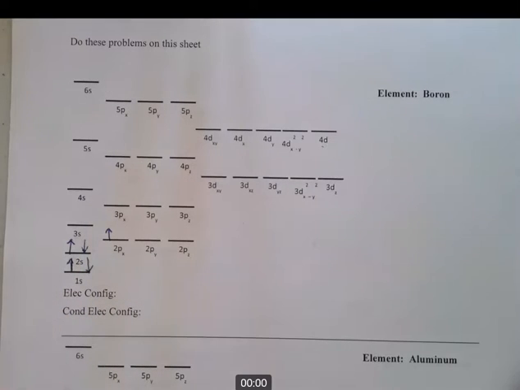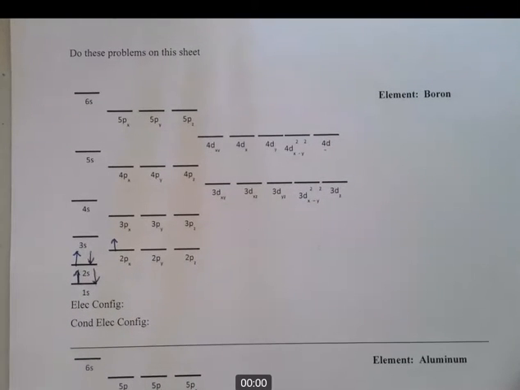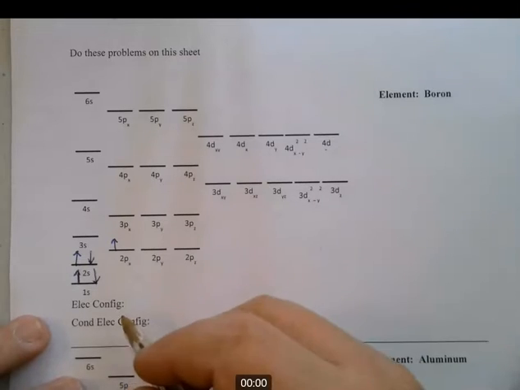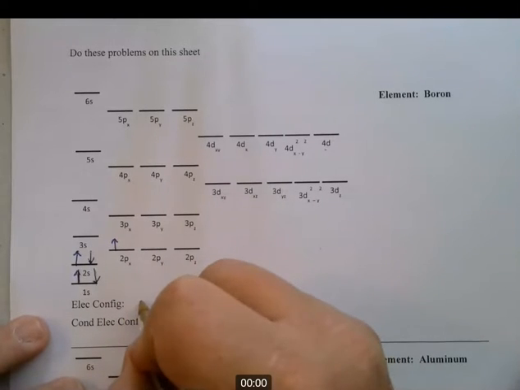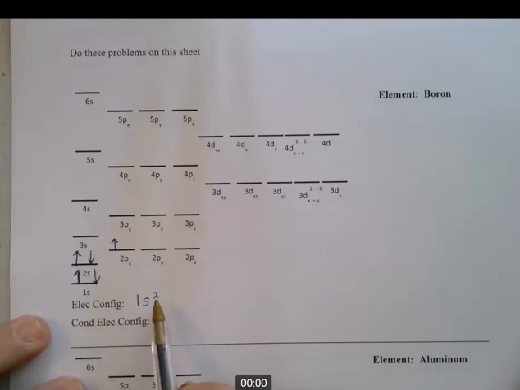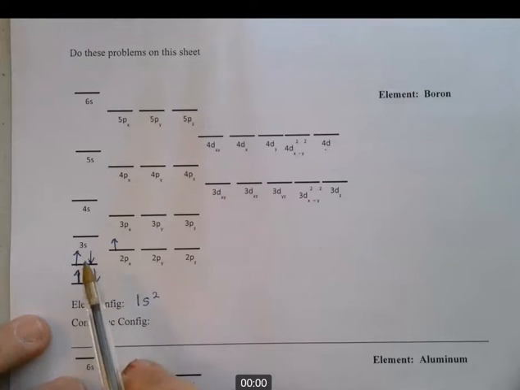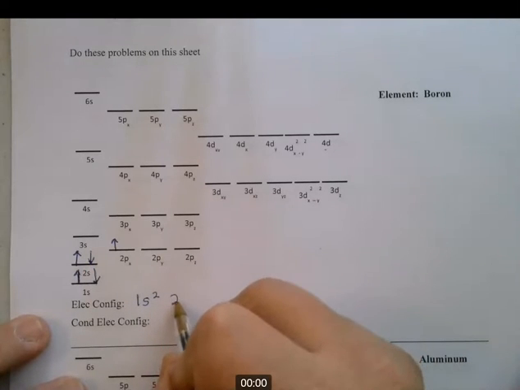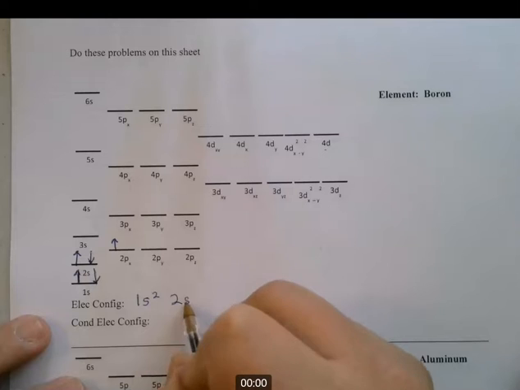All right, now how do you write the electron configuration for that? It has 2 electrons in the 1s orbital, so we write 1s and then a 2. It's not a squared, it's just symbolizing that there are 2 electrons in that orbital. Next, there's a 2s, and that also has a 2.